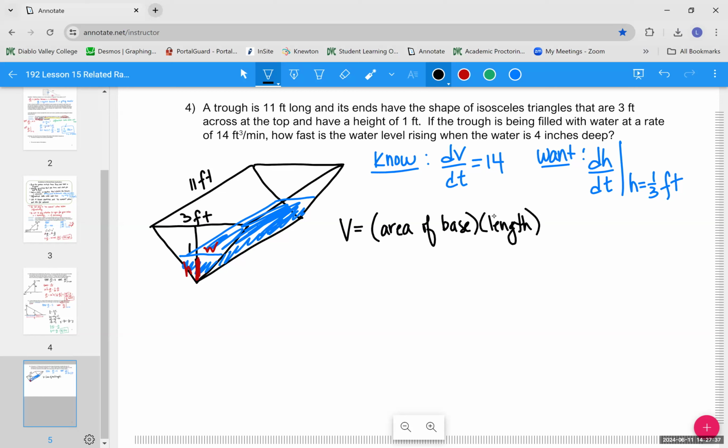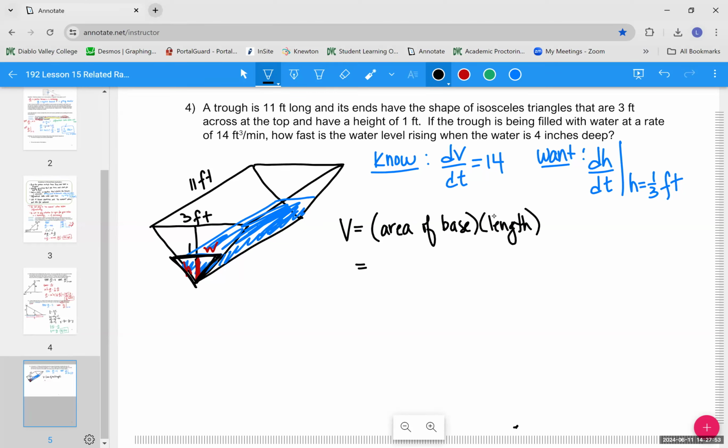Right? So the area of the base would be the area of that triangle right here.